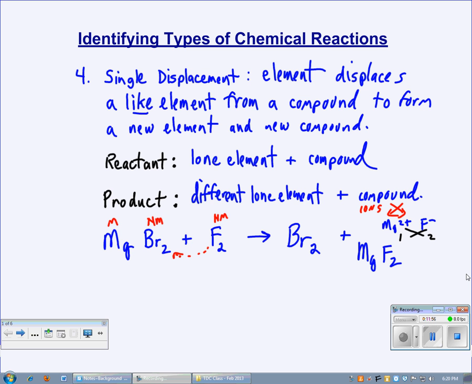So again, we have a lone element displacing the like element. Metals in single displacement reactions displace metals. A non-metal lone element will displace the non-metal that's already bonded in the compound.